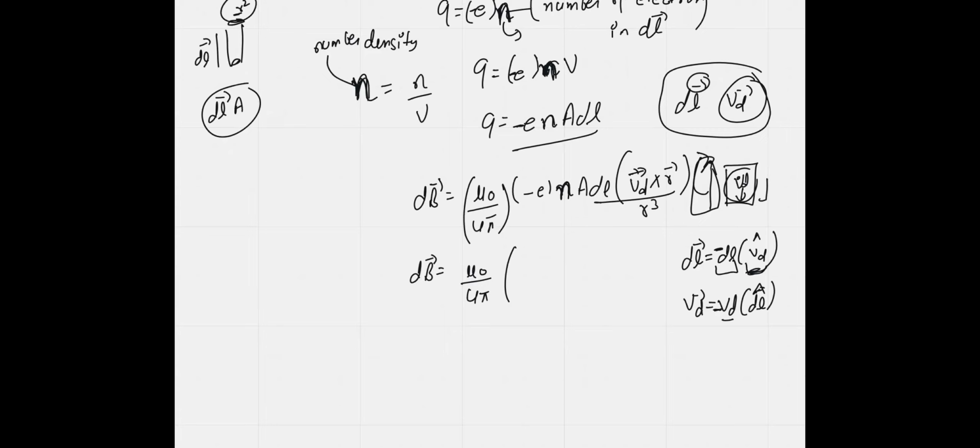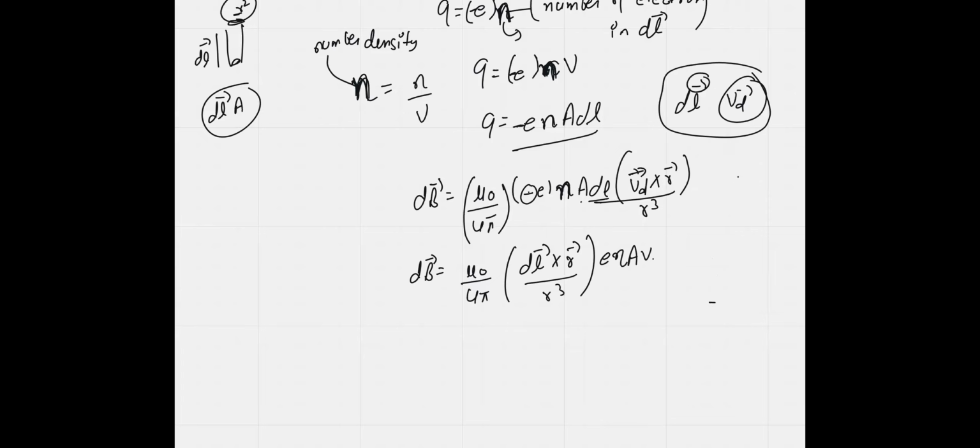Now take this negative from here and put it along with this vd. If you do this, you can write dl cross r divided by r cube, and this e as it is, number density as it is, a as it is, and instead of dl you can write v. Is it clear now?